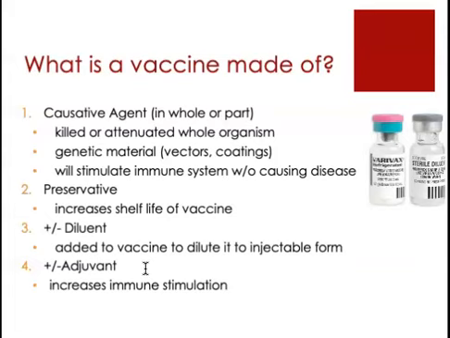Some vaccines just don't get a very good immune response from the patient. So we add an adjuvant into the formula to help increase the stimulation of the immune system so we get better production of antibody and better immune memory.